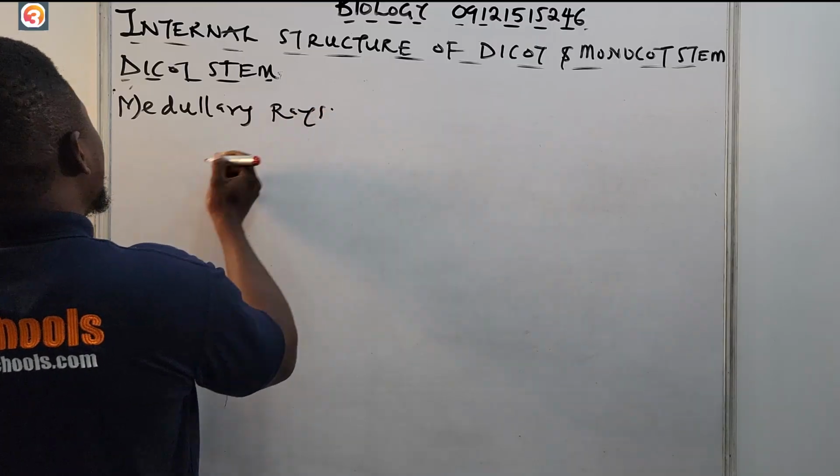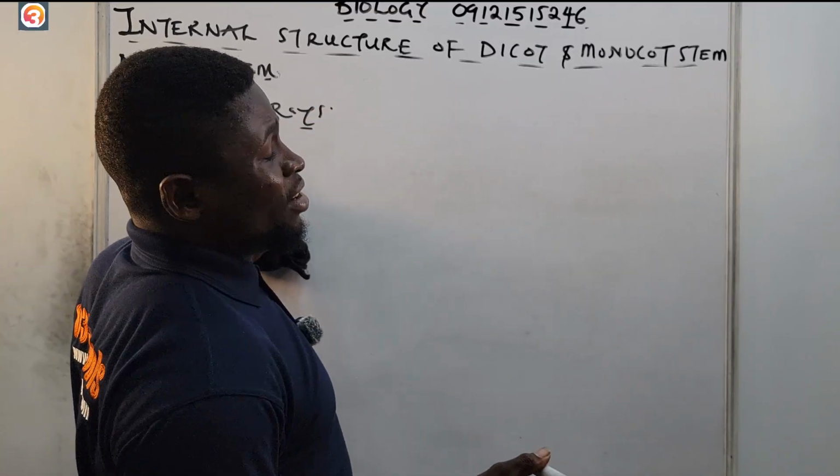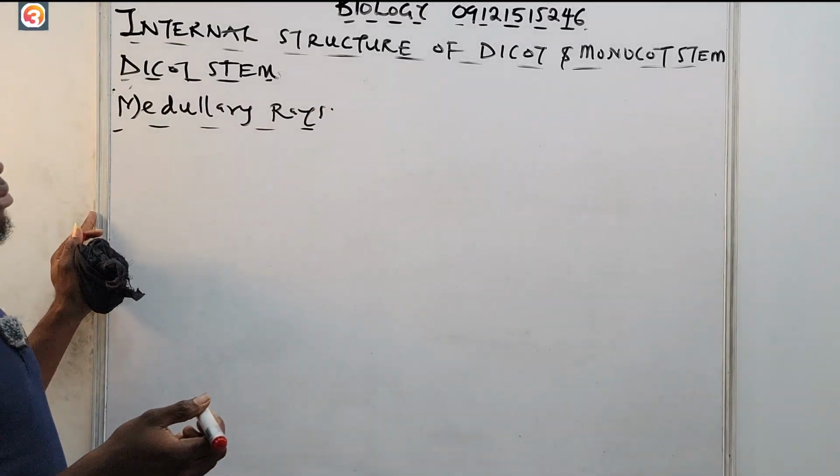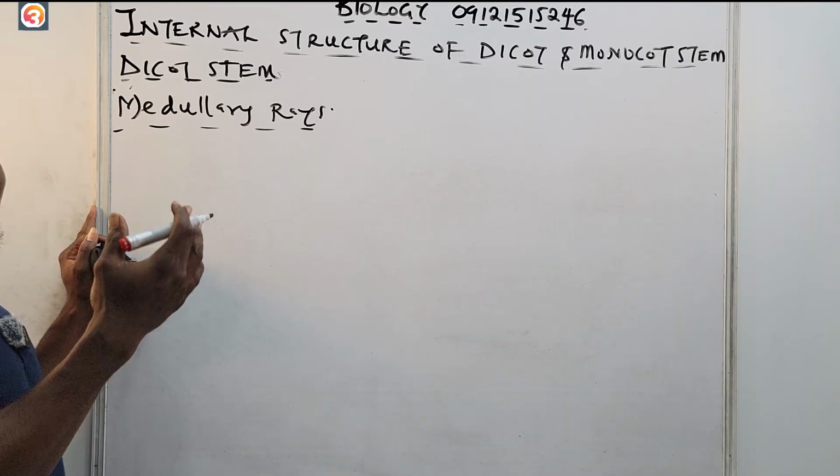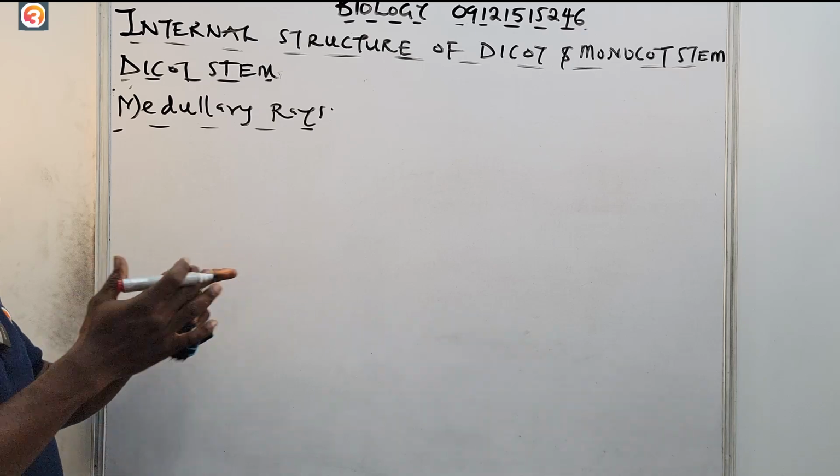Now let us talk about the medullary rays. The medullary rays are made up of radial parenchymatous cells between the vascular bundles.